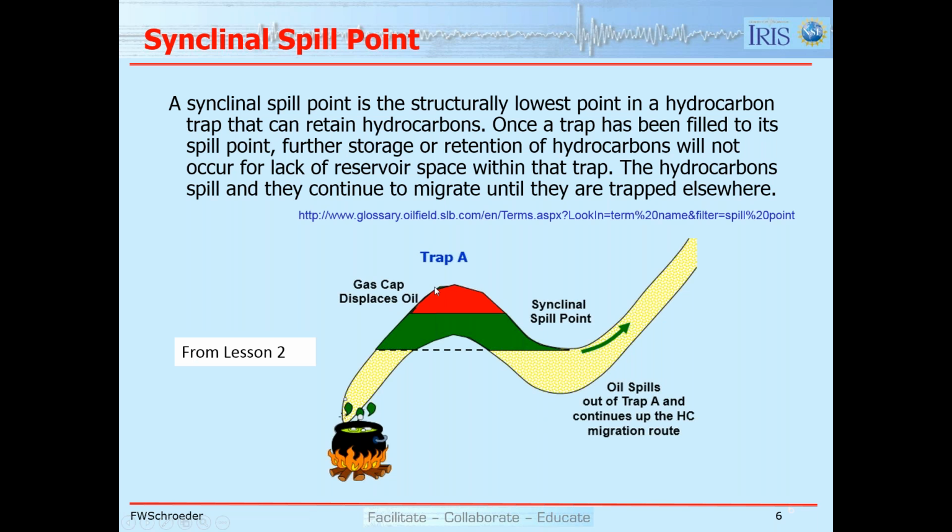And I used this diagram in lesson 2 where we have a gas cap and an oil leg. This is the synclinal spill point. It's the lowest point at which we can still hold the hydrocarbons in place. And if we generate more hydrocarbon than the trap can hold above that spill point, the excess hydrocarbon will spill, in this case, towards the right and go further up the migration path or up dip.